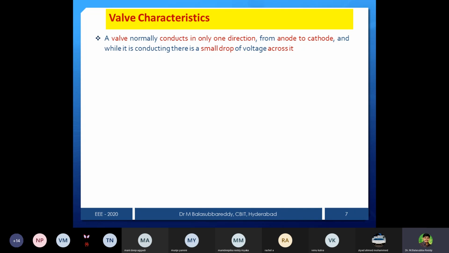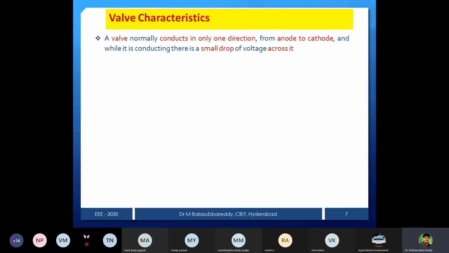While it is conducting, there is a small drop across it. Once any device is conducting, the voltage across the device is very low, about 1 to 1.5 or 2 volts, but that will vary slightly depending on the rating of the device.